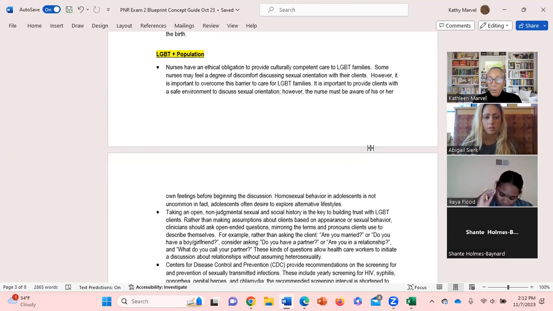Okay. And then this is important too. Homosexual behavior in adolescence is not uncommon. Adolescents often desire to explore alternative lifestyles. Okay, so that bullet has to do with assessing our own feelings, right? We have an ethical obligation to provide culturally competent care, but if we personally have barriers, we need to address those.